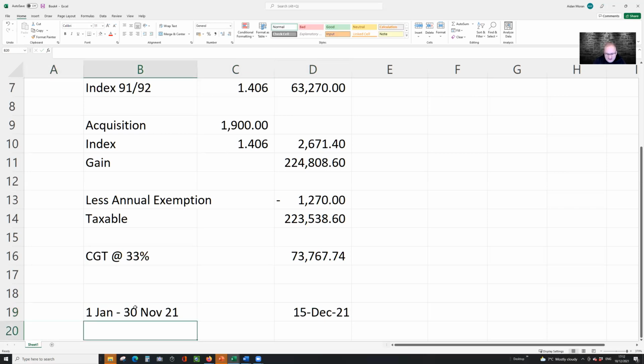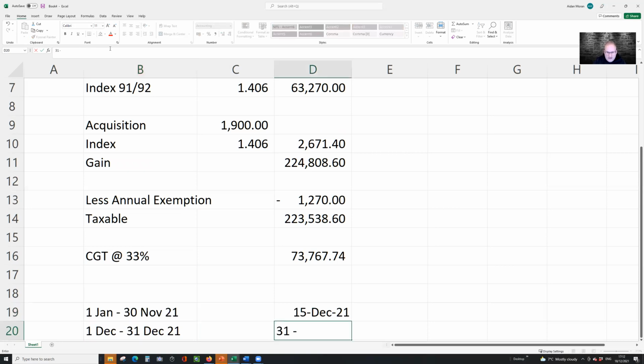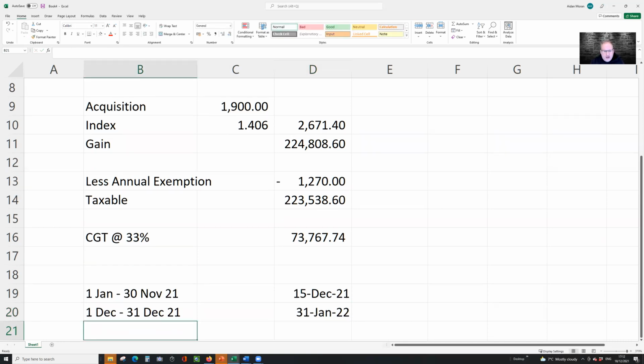If your disposal is in the month of December, let's say 1 December to the 31st of December 2021, you must pay the tax by the following 31st of January, so the 31st of January 2022. And that's a common question, by the way. It's always a mark in ACA, ACCA, ATI papers: when is the disposal date?